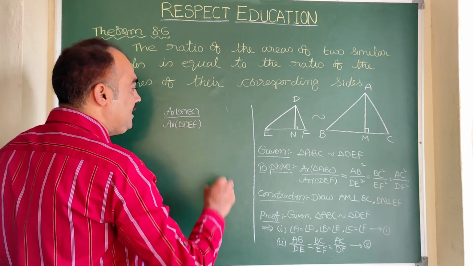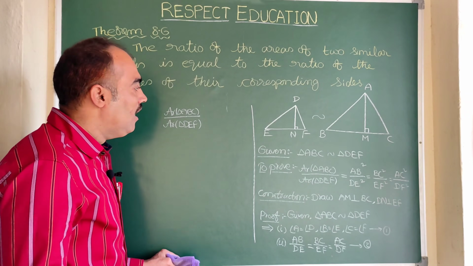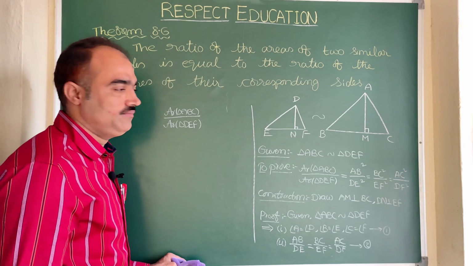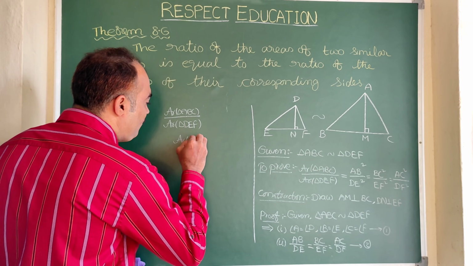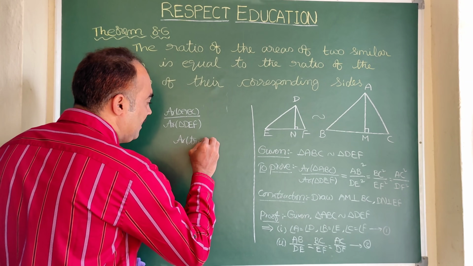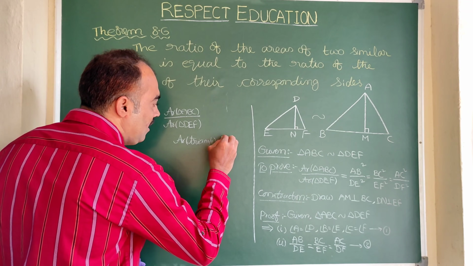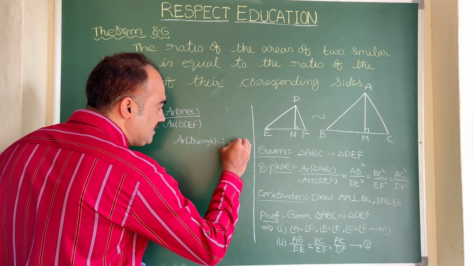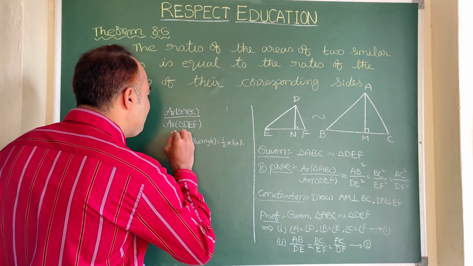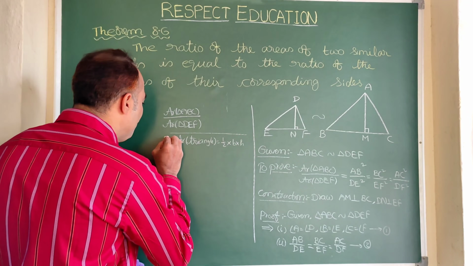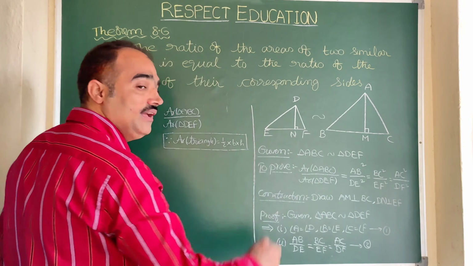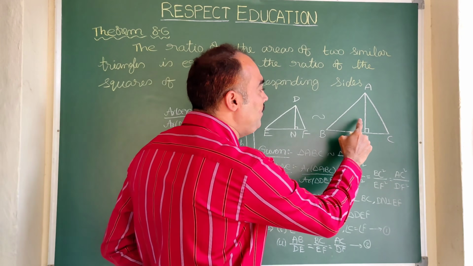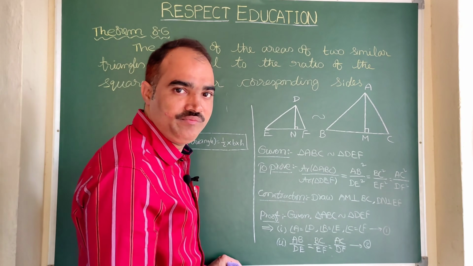As you know, the area of a triangle formula is half into base into height. Area of any triangle is half into base into height. That formula we are going to use. So based on this formula, let us see what is the base for triangle ABC.